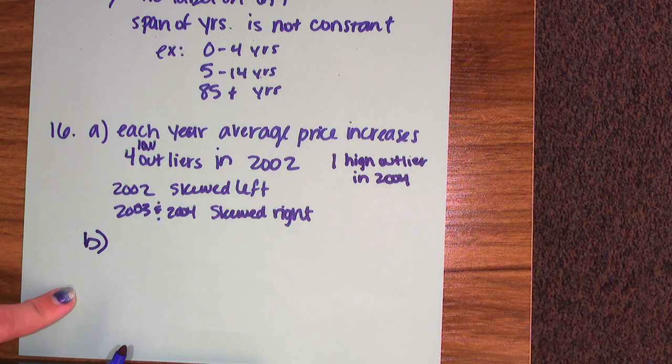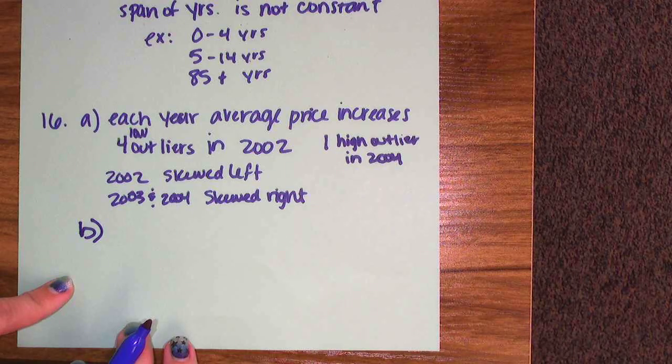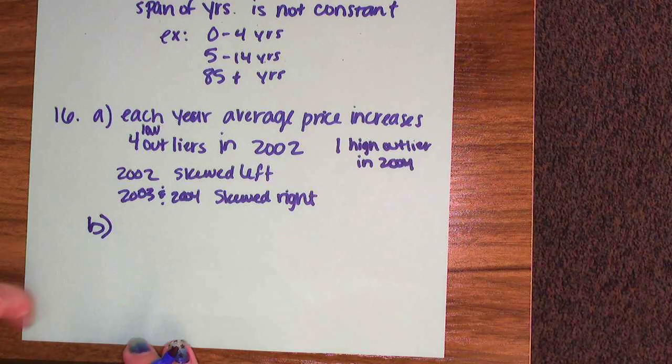So we've addressed our shape, center, and spread, because we talked about the outliers, the average price, how it increased each year, and the skew. If you've answered those things, that's pretty good. And if it wasn't skewed, if they were about the same, then we could say they're unimodal and symmetric, things like that. Part B, in which year were the prices least stable?